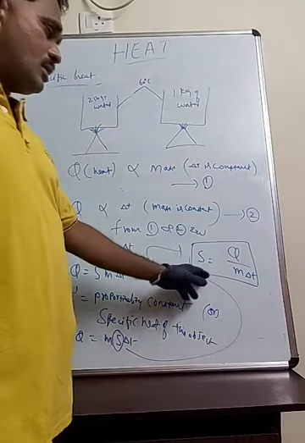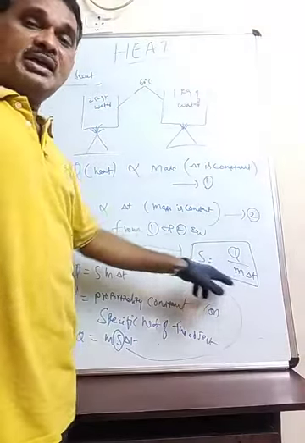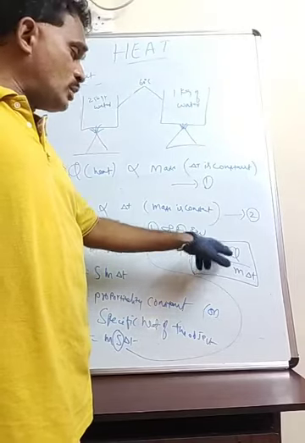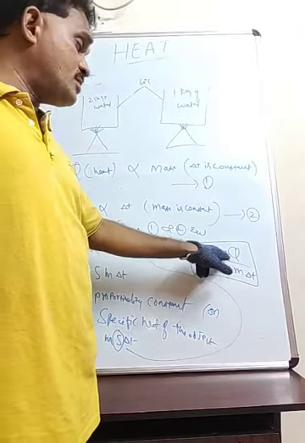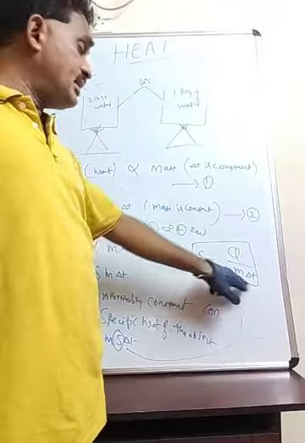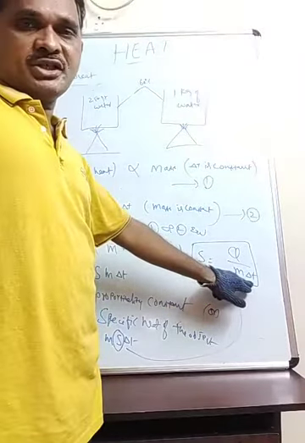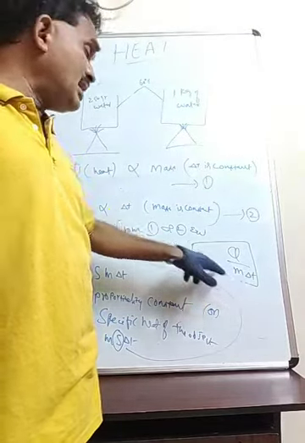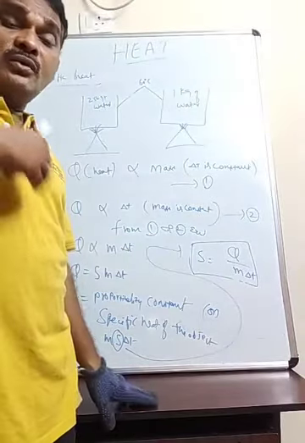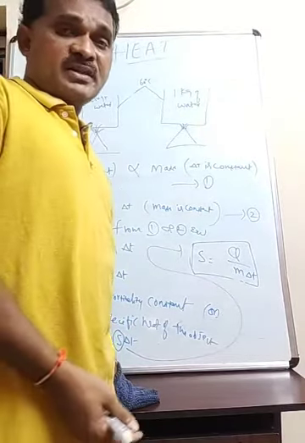Specific heat S is equal to Q by m delta T, where S is the specific heat of the object, Q is the heat that we have given to the object, m is the mass of the object, and delta T is the change in temperature. Now we got the formula for specific heat.